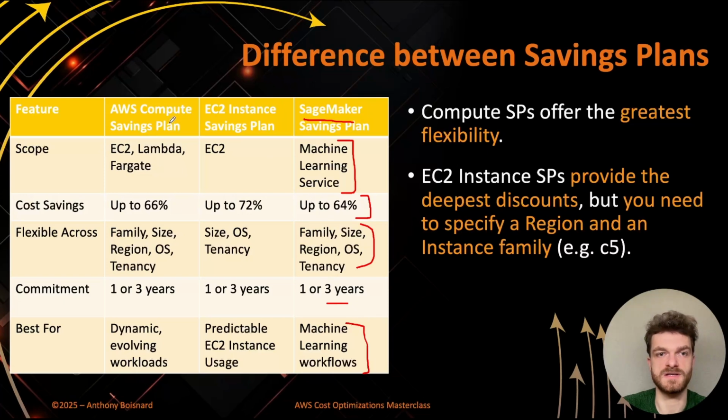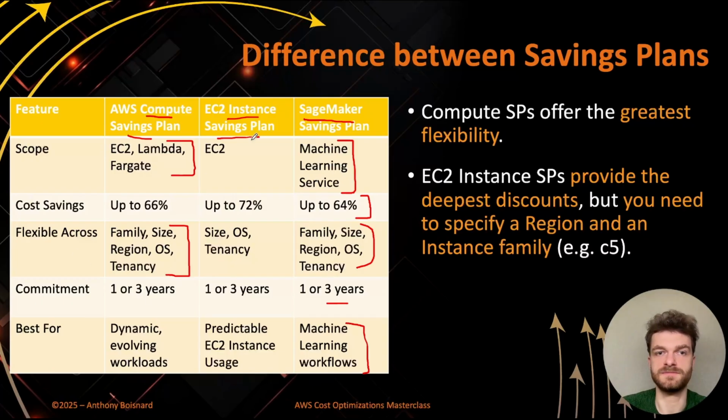To differentiate the compute savings plans and the EC2 savings plans: first, compute savings plans offers the greatest flexibility. First, the scope, because it includes EC2, Lambda, and Fargate. And then it's flexible around all those metrics here, even region and even family.